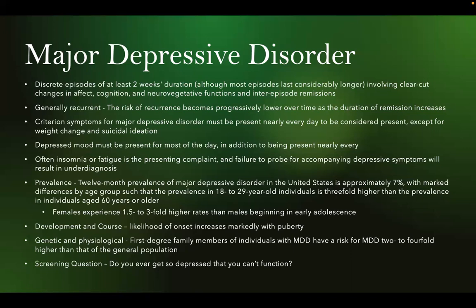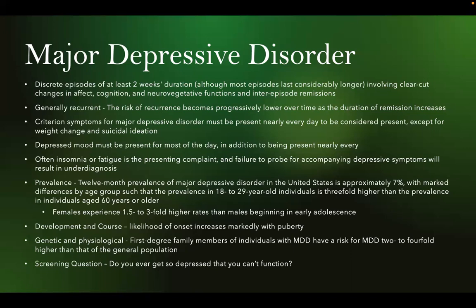The highest prevalence, and this is kind of an average, right, may be that like 20% of 18 to 29-year-olds meet criteria for a major depressive episode, whereas individuals who are 60 or older might be like 1%. So 18 to 29-year-olds are threefold higher in their prevalence. So just know that it's a bit of a bell curve in terms of diagnosis for this.